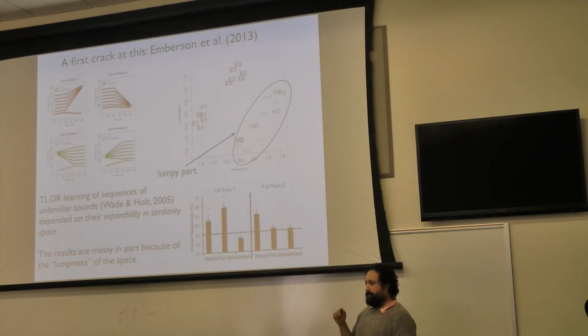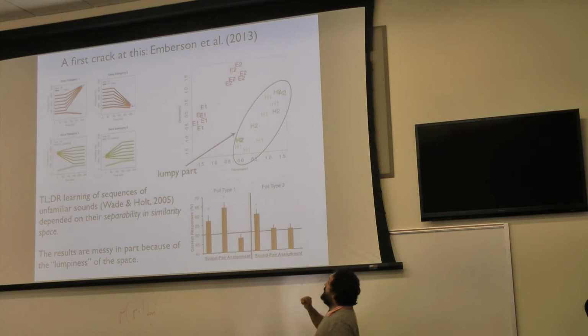That is, we wanted people to learn that H1 and H2 had different functional roles, or were in different positions in the sequence, but they're interdigitated in this similarity space, right? So you have a couple of things operating at cross purposes to one another.